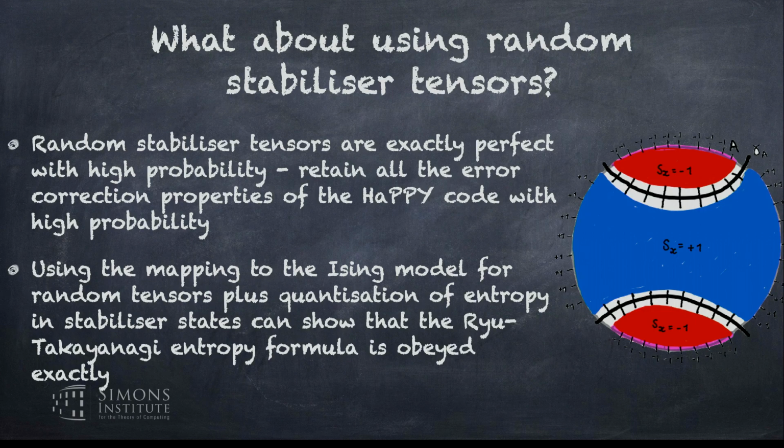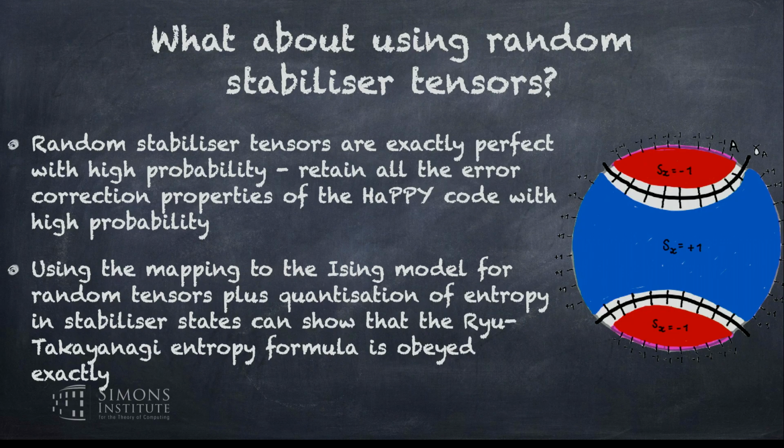And the fact these random stabilizer tensors are exactly perfect with high probability means we get all the error correction properties of the happy code with high probability. So you can think of this as we might construct a couple of tensor networks using this random stabilizer tensor method, and some of them won't be good toy models of AdS/CFT. We can throw those away. But with very high probability, if we keep doing this, we're going to end up with a random tensor network that is a good toy model of AdS/CFT.